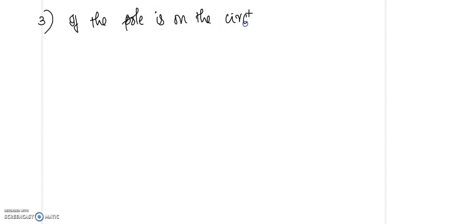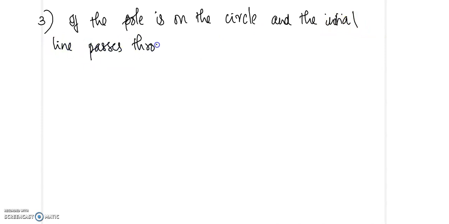Now let us look at the third case. The third case is if the pole is on the circle and the initial line passes through the center.